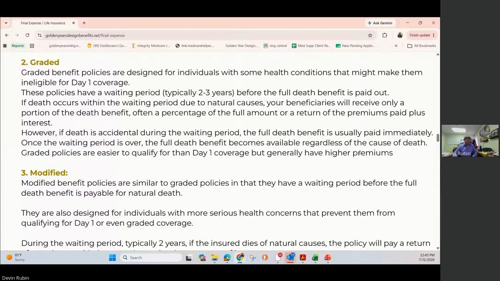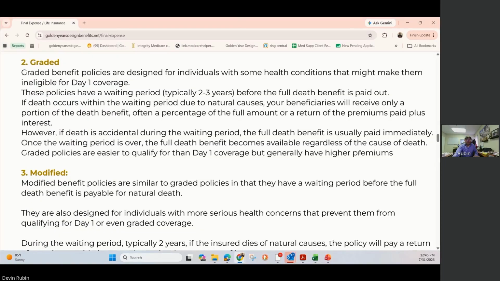If the death occurs within the waiting period due to natural causes, your beneficiaries will only receive a portion of the death benefit, often a percentage of the full amount, or a return on premium plus interest. So it could pay out 30%, 50%, 70%, depending on when your client passes away.